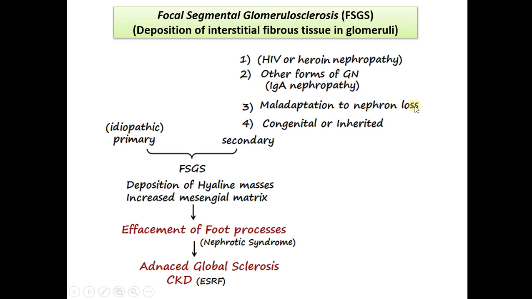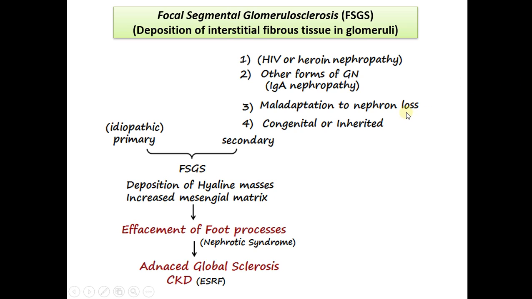By maladaptation to nephron loss, we mean that when some of the glomeruli in the kidney are damaged, there is compensatory hyperplasia and hypertrophy in the rest of the healthy nephrons to maintain the glomerular filtration rate.